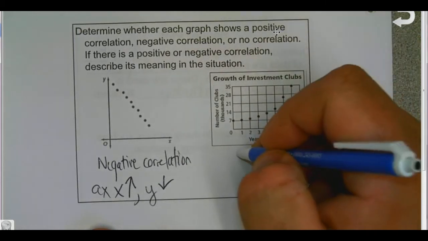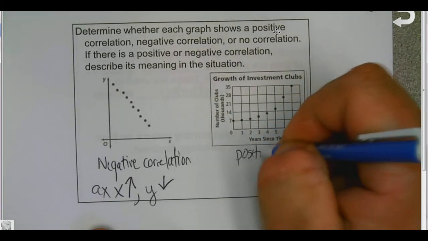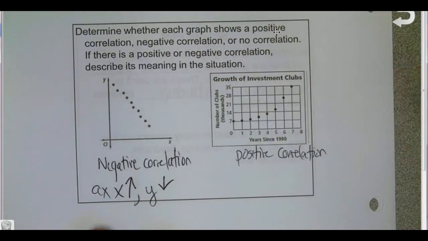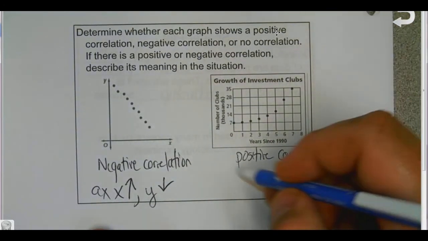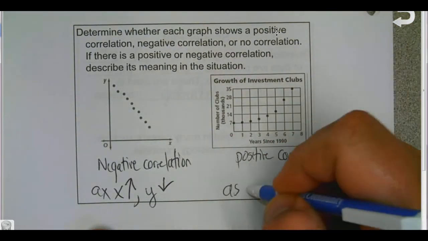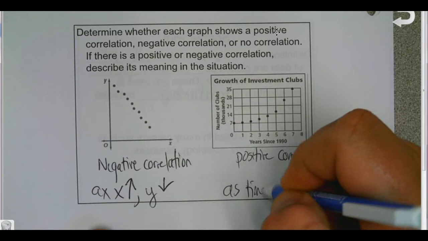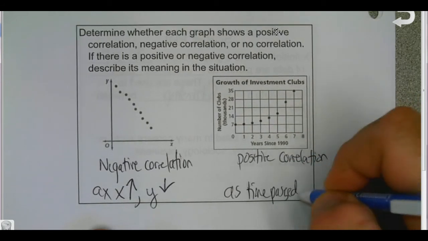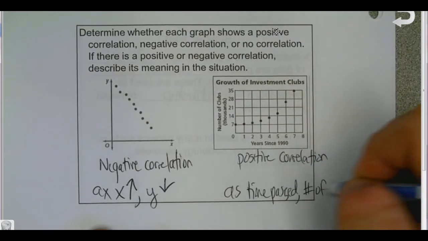This correlation was positive. And essentially what this is saying is that as time passed, the number of clubs increased.